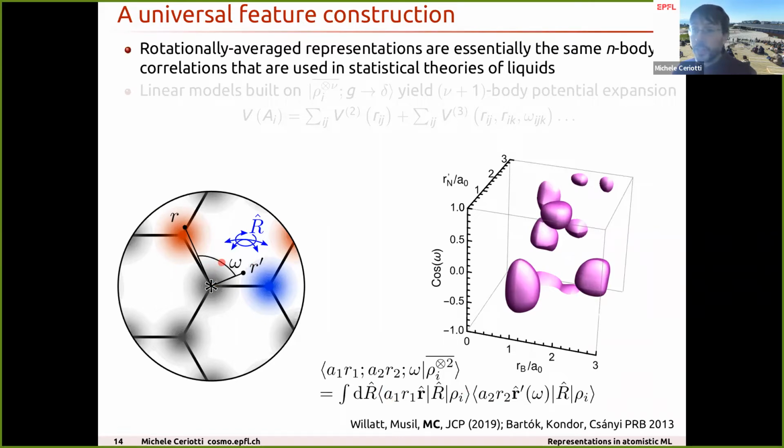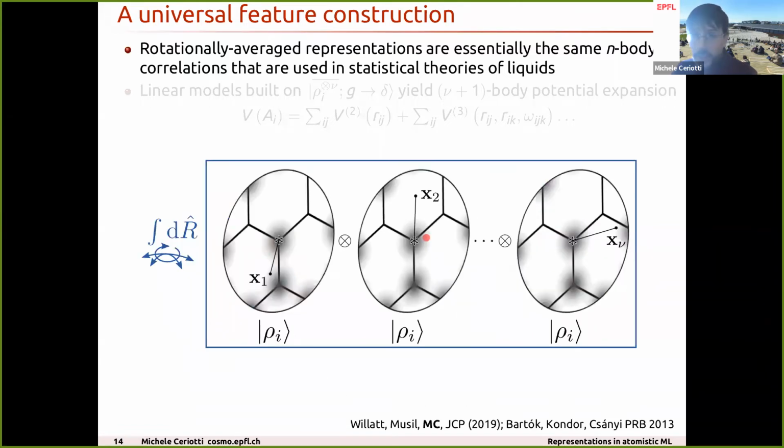Those of you who have some familiarity with statistical mechanics will know that the way people have been describing liquids in statistical mechanics relies a lot on correlation functions of the atom density, and this is essentially what we're doing. We describe structures in terms of instantaneous correlations of this atom density. And you can generalize this construction to build correlation functions of arbitrary order, and this basically gives us a systematically improvable way of describing atom-centered environments.